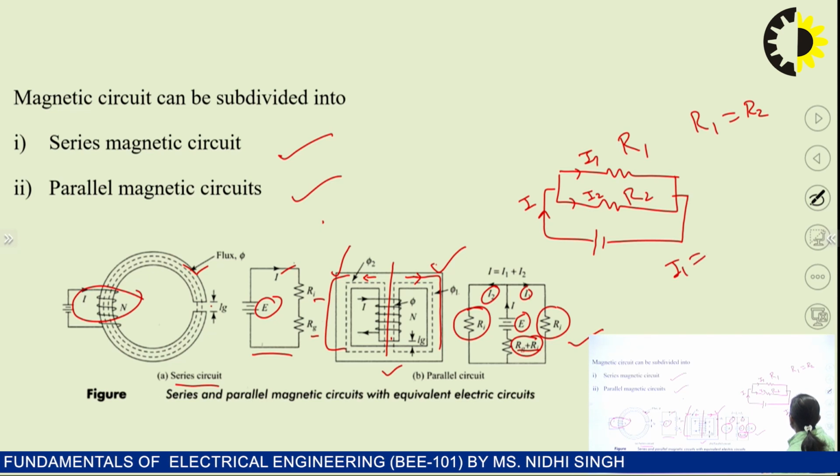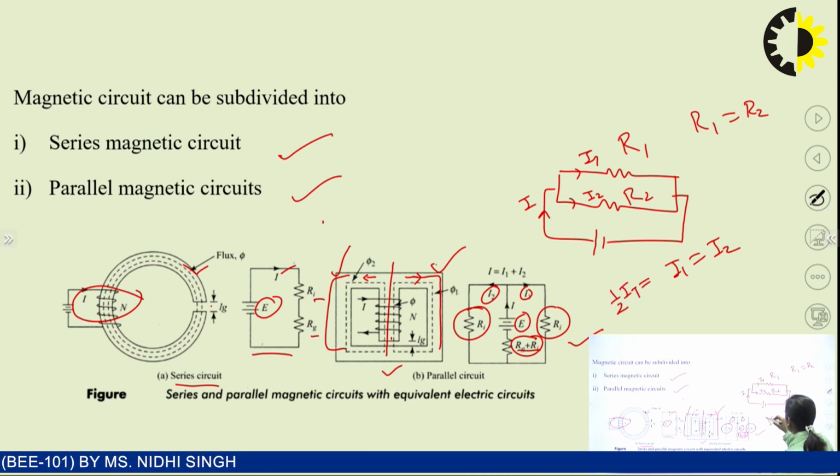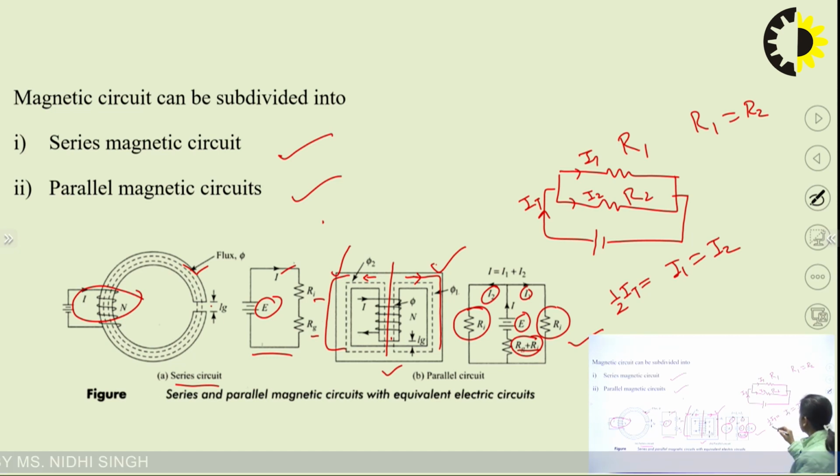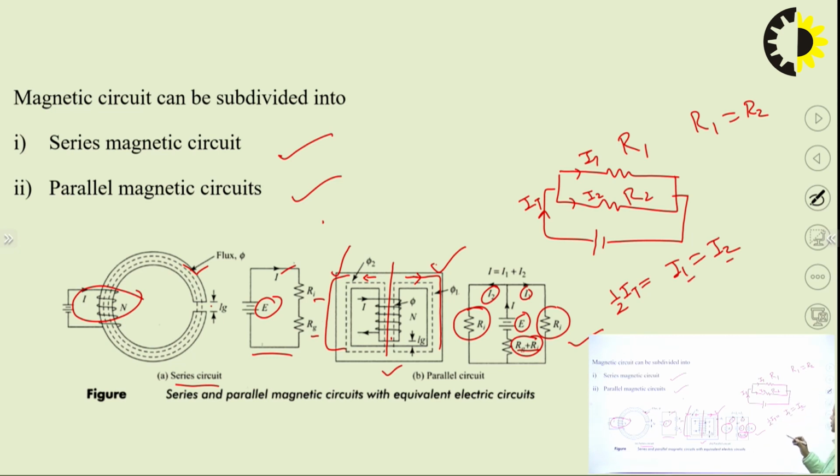I1 will also be equal to I2, and each is equal to half of the total current. In a similar way, the flux will also get divided equally if the reluctance of both paths is the same.